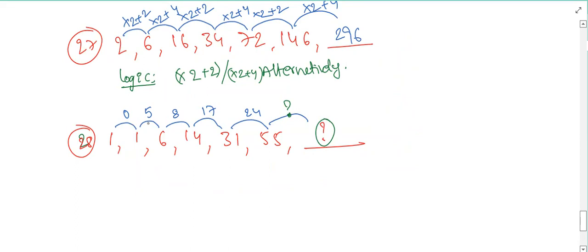No. Consecutive even or odd? No. Prime or composite? No. Whether they are perfect square numbers? No. 5, 8, 17 are not perfect square numbers, right? Okay. Are there any nearby perfect square numbers?